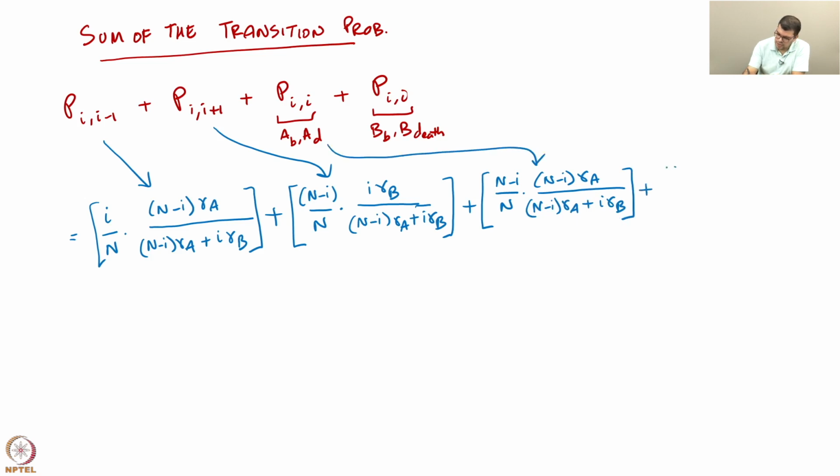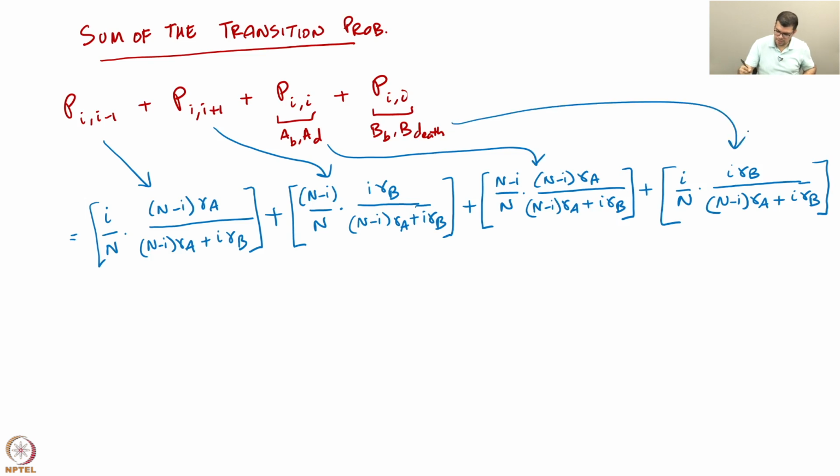And lastly, we have B born and B dying, which can be summed up as B dying means I by n and B born is just I times Rb divided by n minus I times Ra plus I times Rb. So, these 4 summed up together should sum up to 1 if they represent an exclusive group and also that one of these 4 has to occur as we move forward in time.